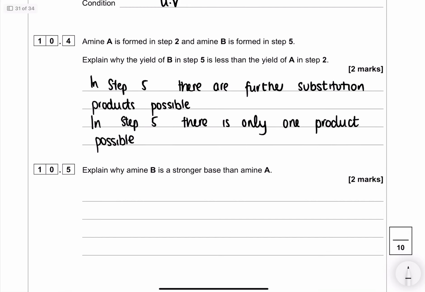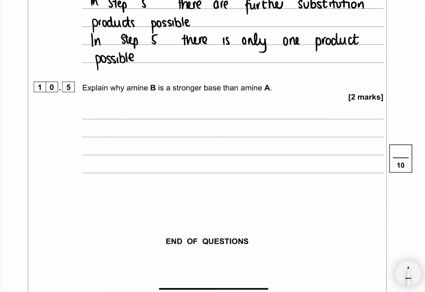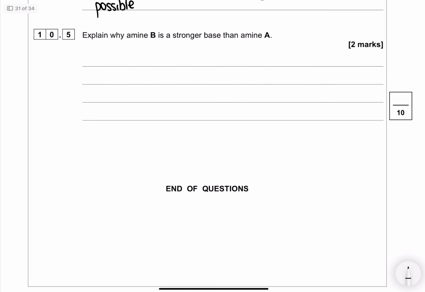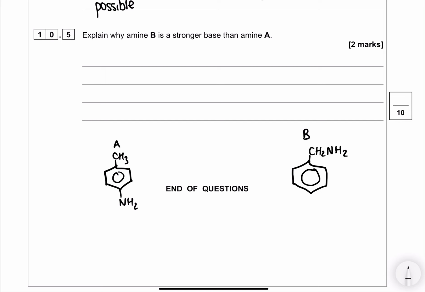Then it says explain why amine B is stronger than amine A. So if we just remind ourselves of the structure, A had the methyl group at the top and the amine at the bottom, whereas B had the amine attached to the alkyl group at the top.